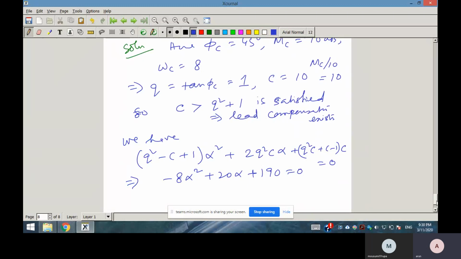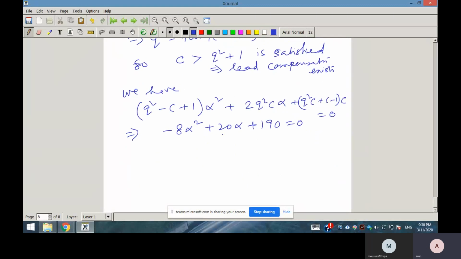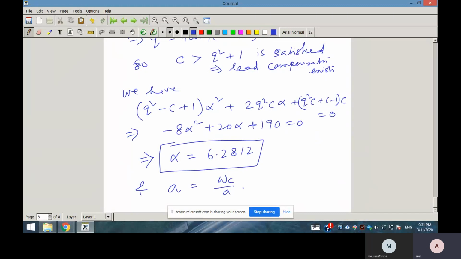A valid solution of alpha is positive. It will have two solutions, one positive, one negative. Of course, negative you will not consider, so the positive solution you will consider. This gives alpha equal to 6.2812, please check it. And A you can obtain as omega c by A into root under alpha square minus C minus 1, which is equal to 2.304.